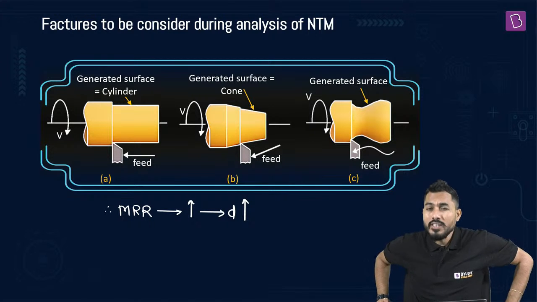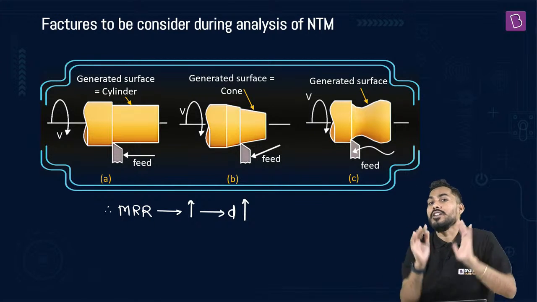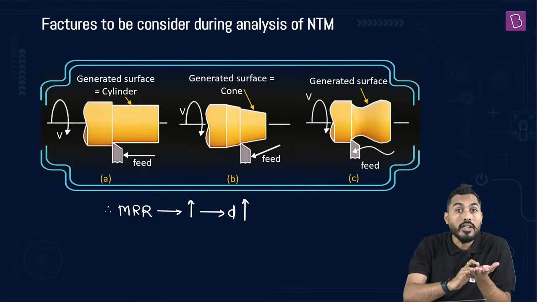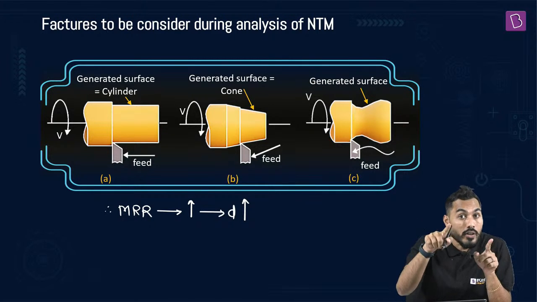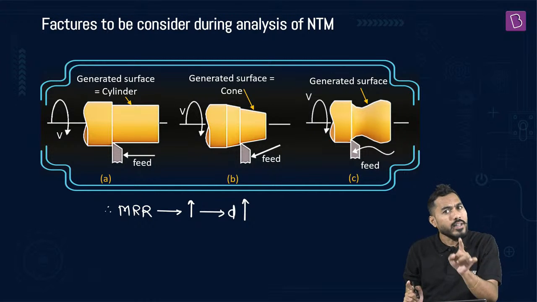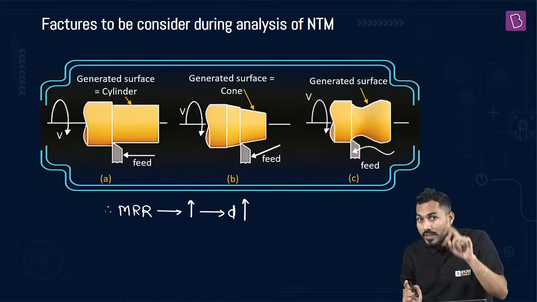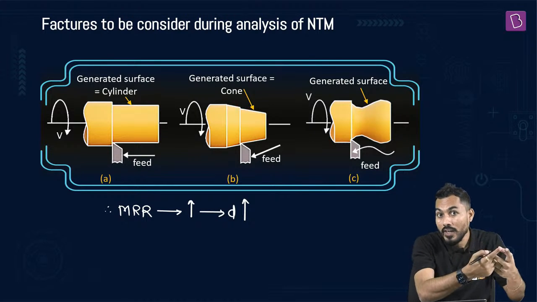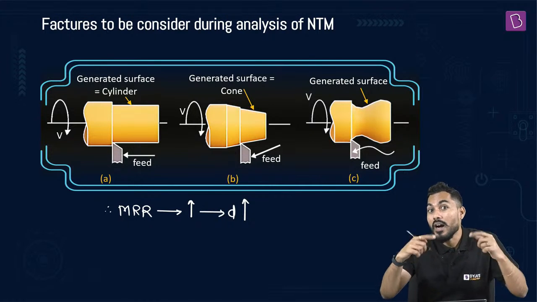Now if the material removal rate is higher, what will happen to the quality of surface? You tell me that. Quality of surface means what? What is the surface quality which is going to get manufactured during machining operation if material removal rate is higher? Sir, if material removal rate is higher, which means that depth of cut is higher, the size of the chip coming out will be higher.